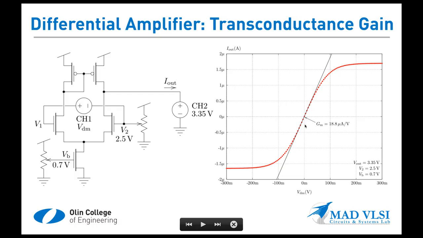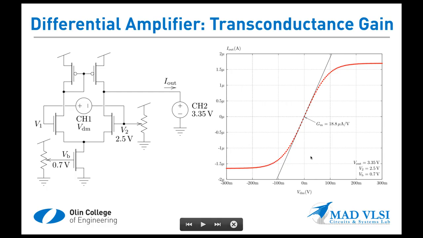So in this case, the slope of this tangent line is 18.8 microamps per volt, or 18.8 microsiemens, or micromhos if you prefer. And so the product of these two numbers, Alexa, what is 18.8 times 19.4? 18.8 times 19.4 is 364.72.